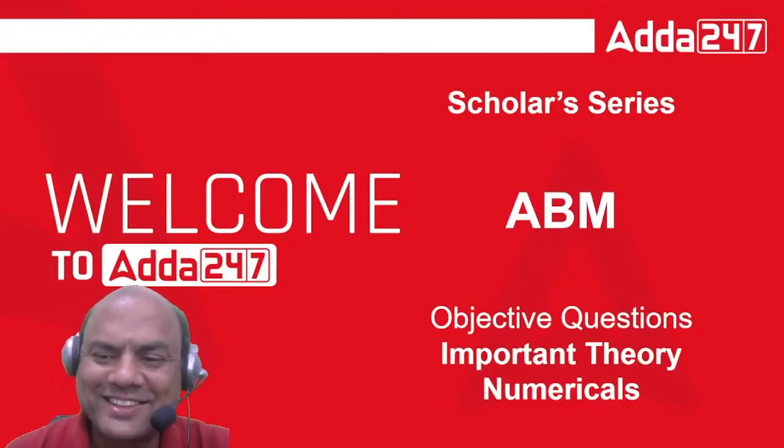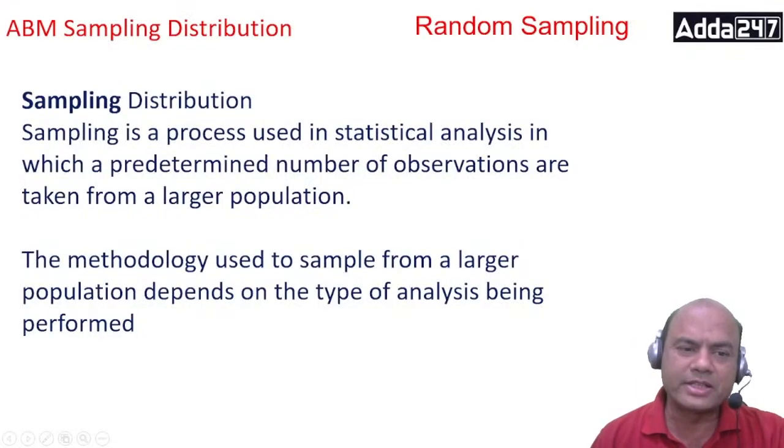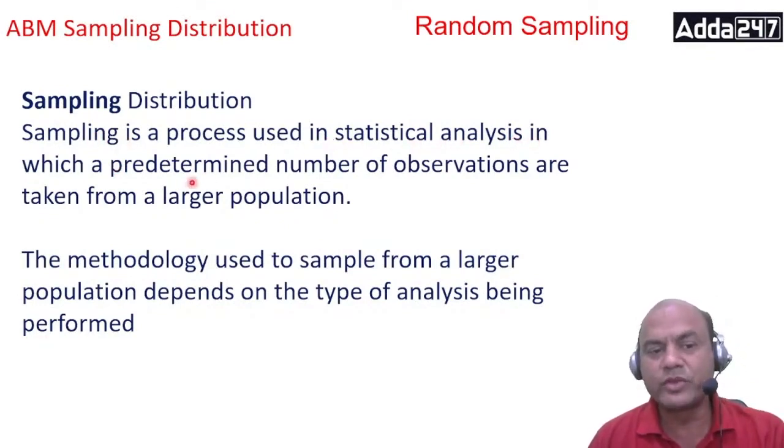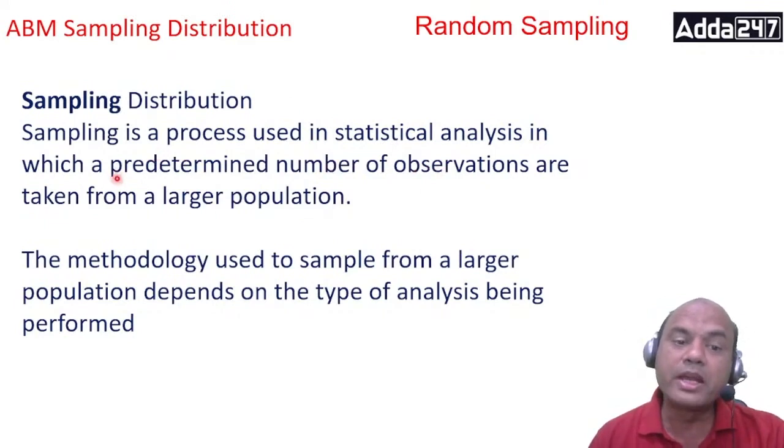Okay, let's start. Firstly, sampling distribution. What is sampling distribution? You must understand that first. Sampling distribution is a process used in statistical analysis in which a predetermined number of observations are taken from the larger population. Now, the important words over here are predetermined number of observations. Remember this by heart.